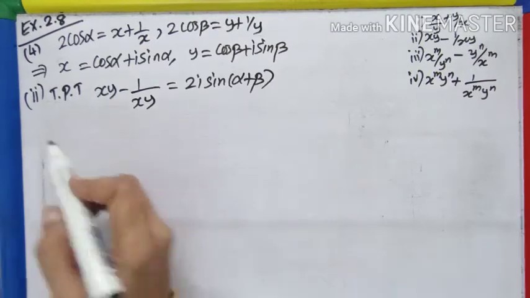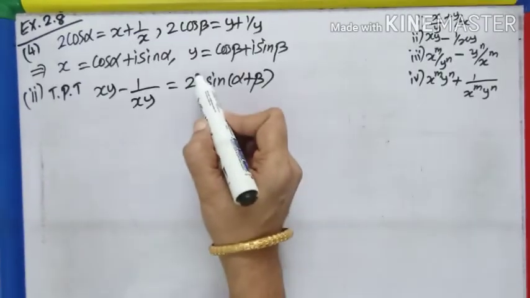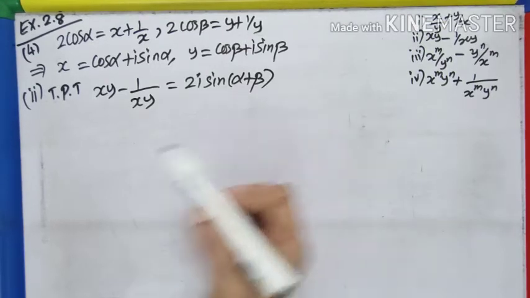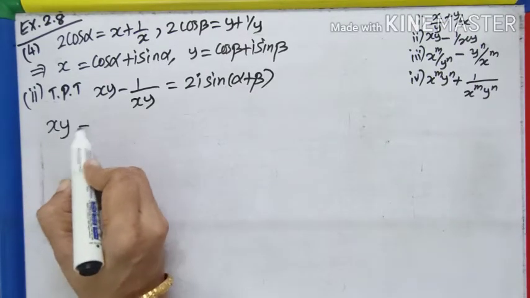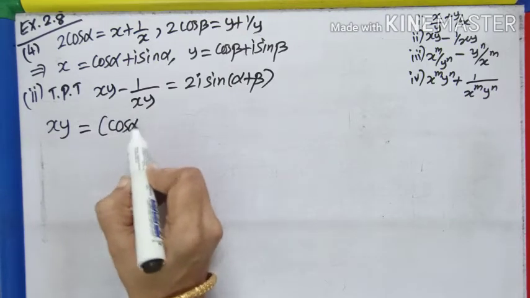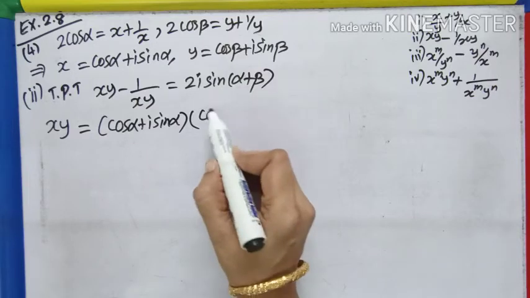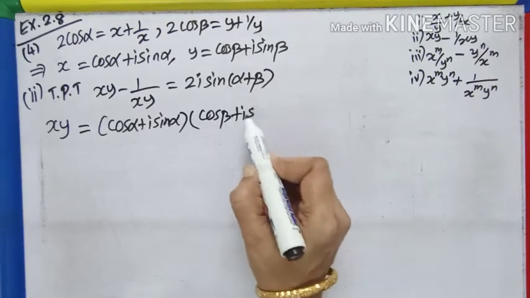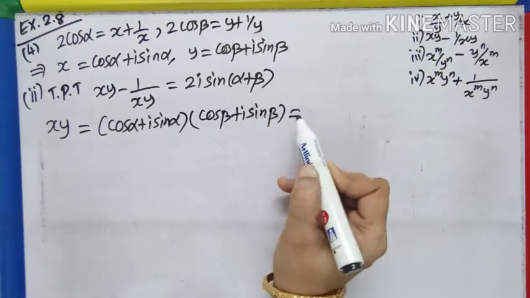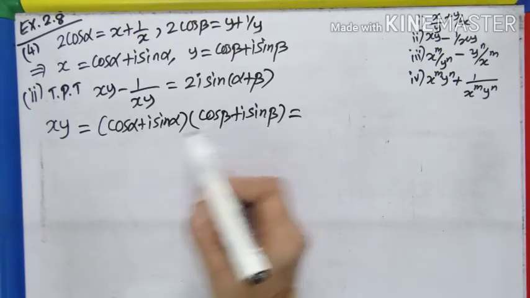Second part of it, to prove that xy minus 1 by xy equals 2i sin alpha plus beta. So we'll first find out what is xy. x is cos alpha plus i sin alpha and y is cos beta plus i sin beta. And we know multiplication means add the arguments.